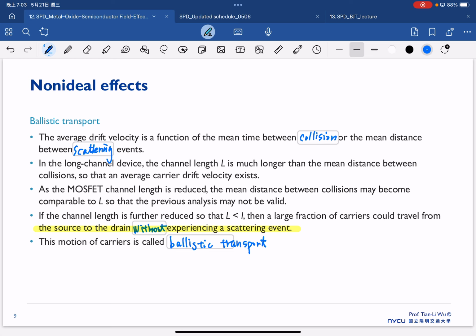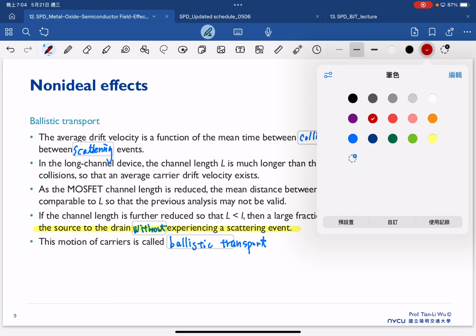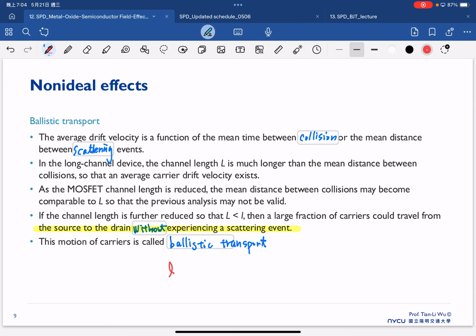For example, if we consider the mean distance between scattering, imagine that you have the carrier flow through a region, it must be scattered by some non-ideal effect, for example, a defect, a trap, or whatever. So this will be the mean distance that this carrier will be scattered. Say the mean distance between the collisions, small l here, is equal to 1 micrometer.